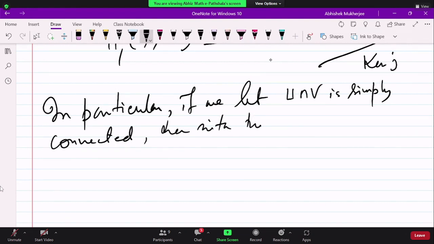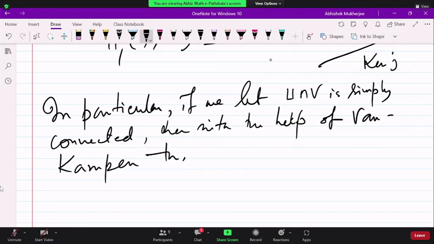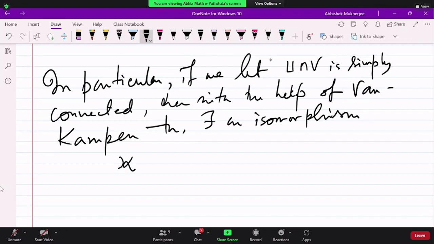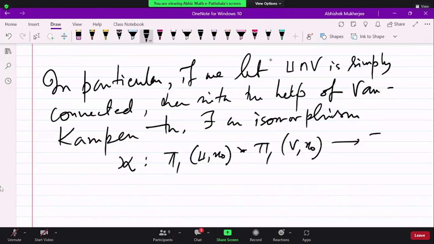With the help of the Van Kampen theorem, there exists an isomorphism, let us call it K, from the free product of groups to the fundamental group of X. Okay.